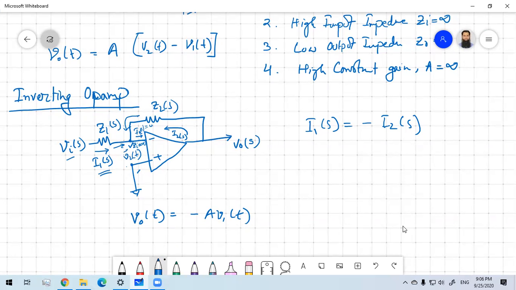You can write Vi(s) by the impedance Z1(s). Similarly, the other way, this is your voltage and this is your ground again. Voltage divided by the impedance should give you the current, so V0(s) by Z2(s) should give you the current.